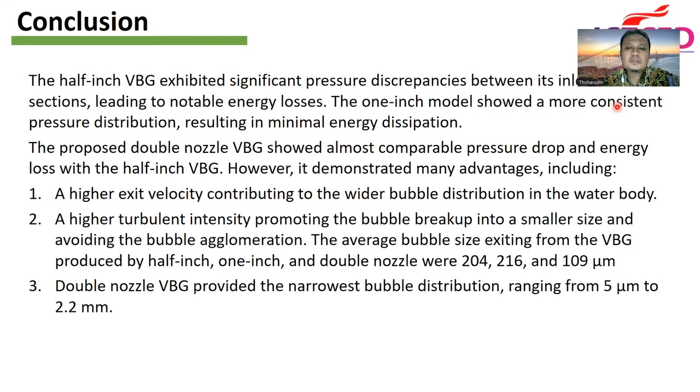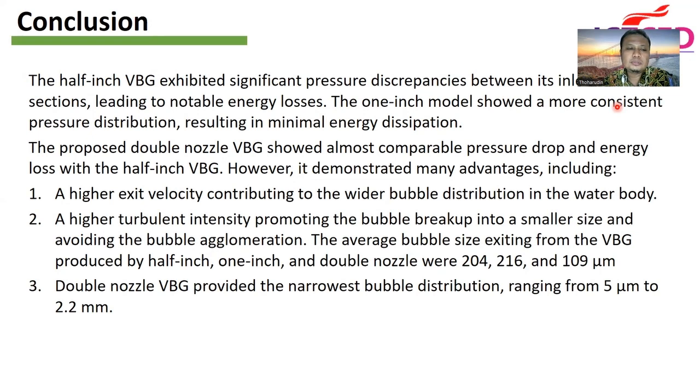The average bubble sizes exiting the Venturi bubble generator, produced by the half-inch, 1-inch, and double nozzle, were 204, 216, and 109 micrometer.